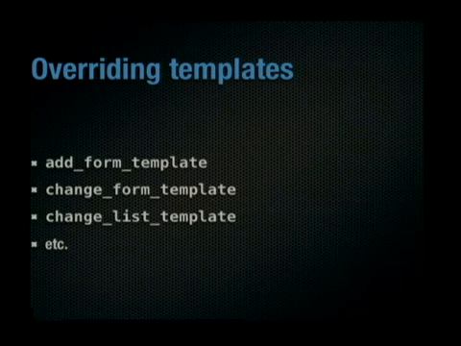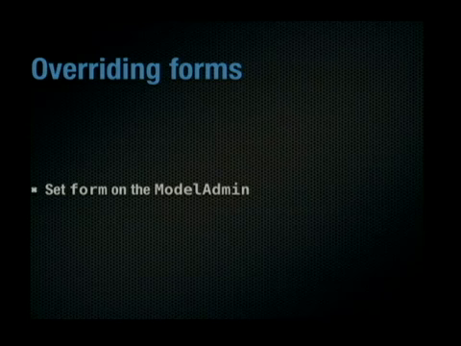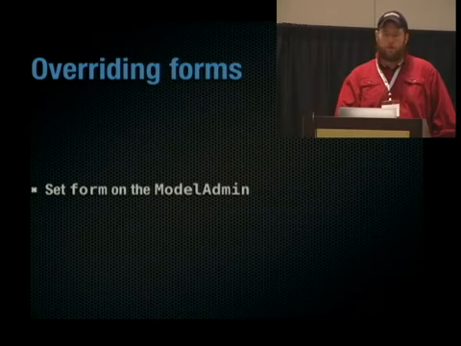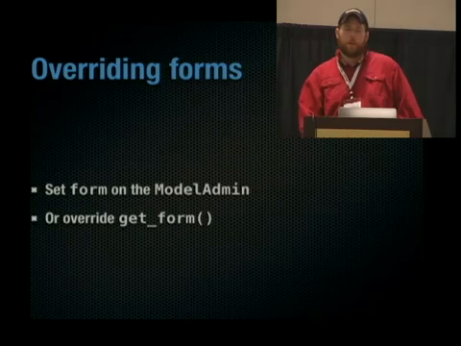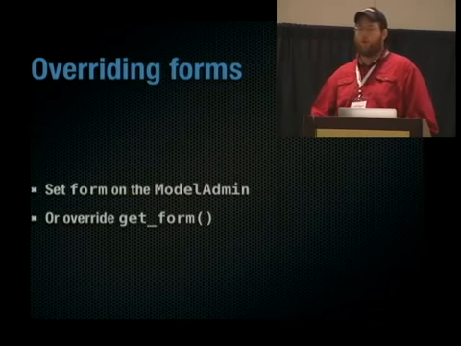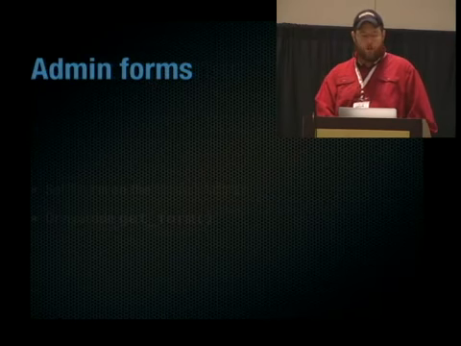You can override these attributes on a ModelAdmin, add_form_template, change_list_template, and so on. That changes the templates that particular ModelAdmin will use. Overriding forms, you can set the attribute form to a form class, or you can override the method get_form. get_form is a little more useful because get_form gets passed the HTTP request, so you can customize the form on a per request basis that way.